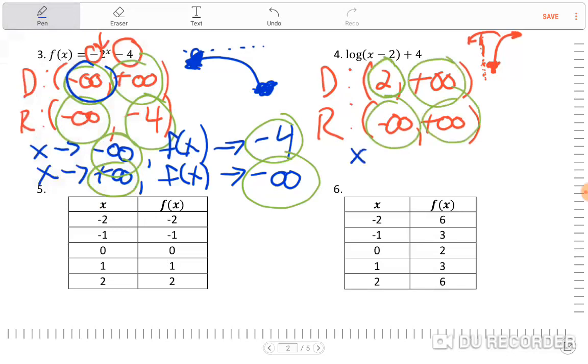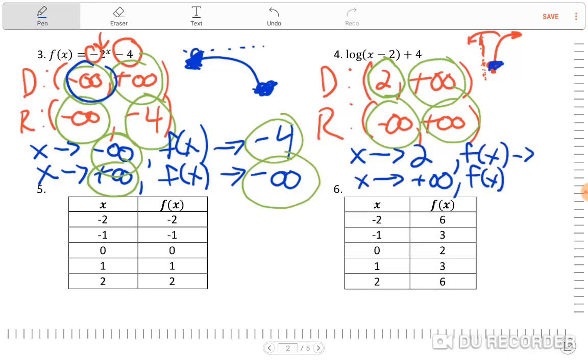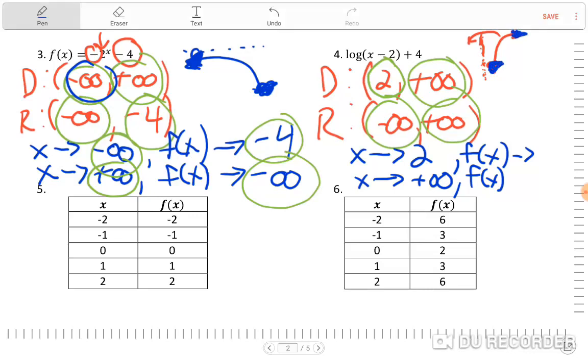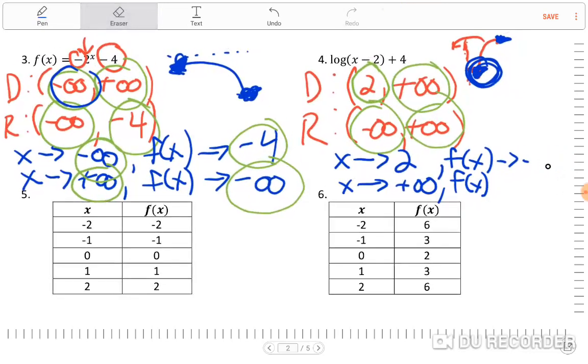I know one of the x's is going to go to 2, and one of them is going to go to positive infinity. But which y goes with which? Well, the sketch helps. We know that the leftmost arrow, the one that was going to the asymptote, happens to be going down. So that one's going to take the negative infinity from the range. Let me write that because that's pretty ugly.